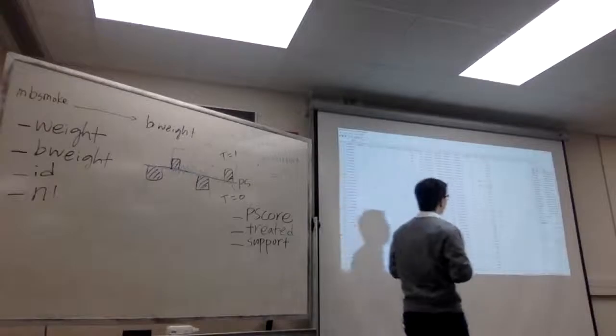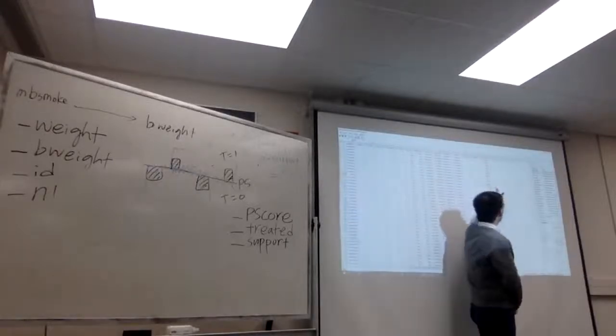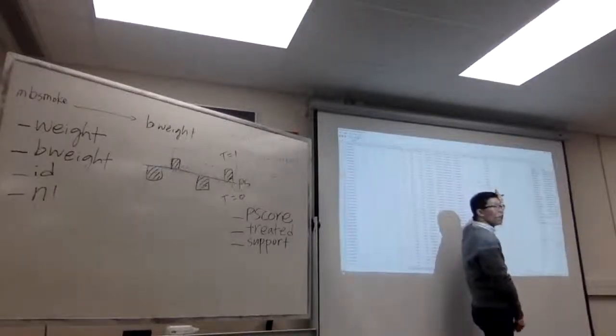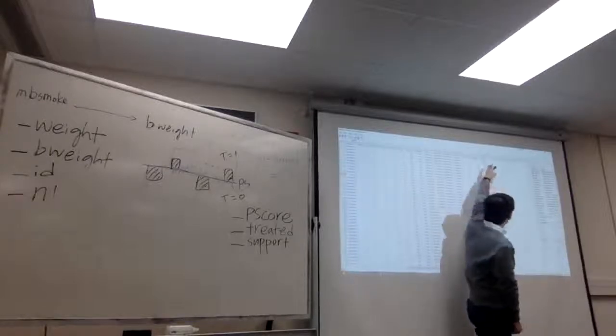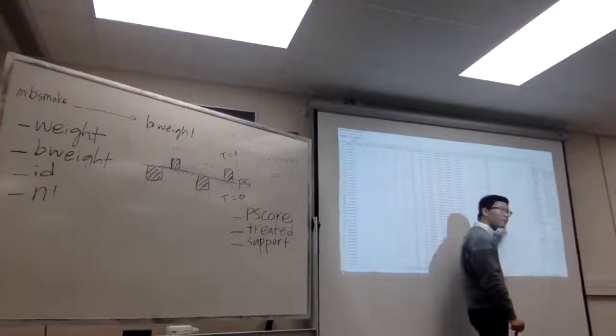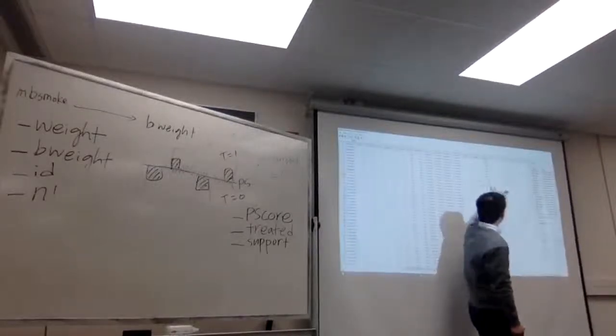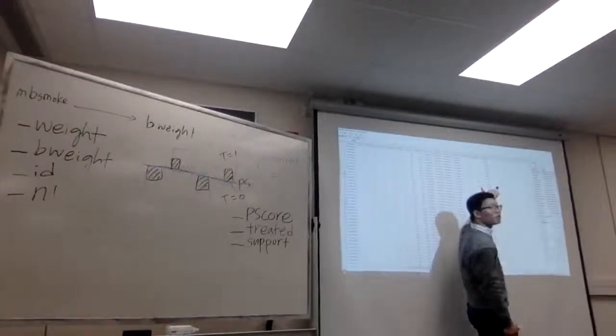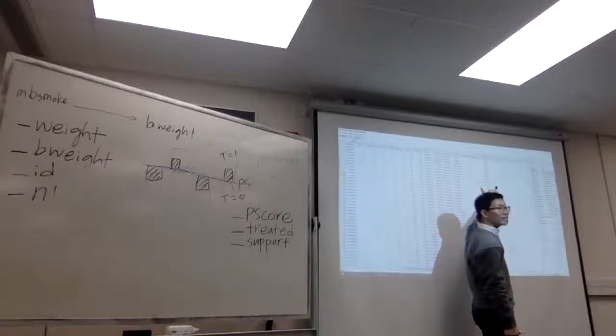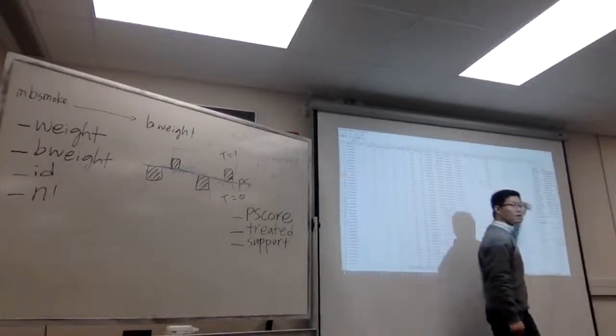So the ID of the matched case is 1906, and if we follow the data to find 1906, then it'll have the birth weight of 2948. Does that make sense?